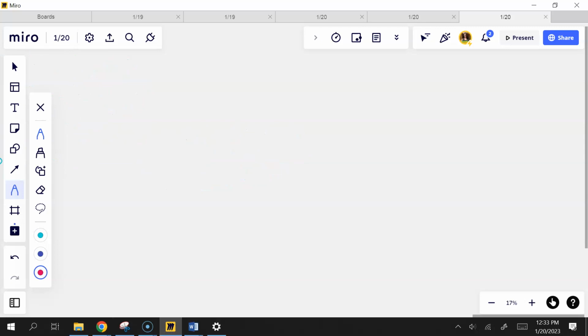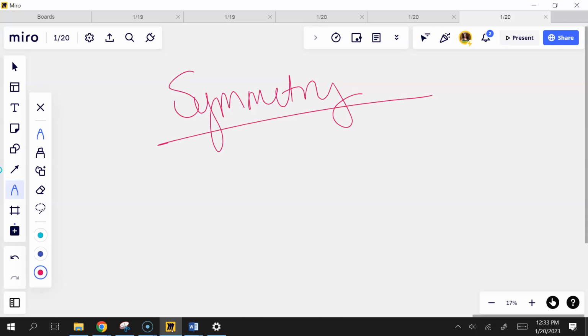All right, ready? Yes, we are. Here you go with symmetry. So we got two types of symmetry, even and odd.